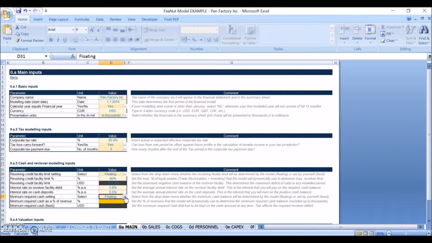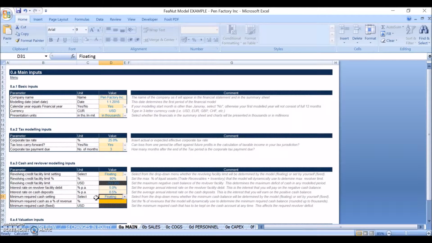Next thing that you can use in the model is a limit on minimum required cash. Sometimes companies require a certain amount of cash to be in your bank account all the time, and the model allows you to model this. Again, you can select whether this limit will be modeled as floating or as fixed.